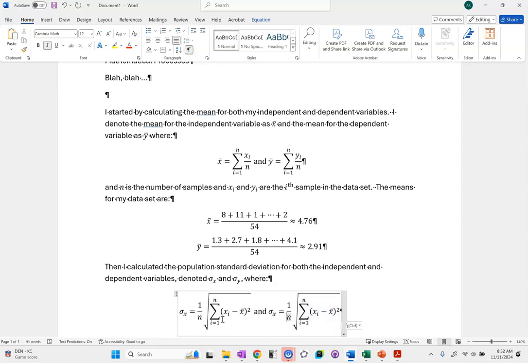And then once I got it in there, I'll just copy and paste to change the x's to y's.